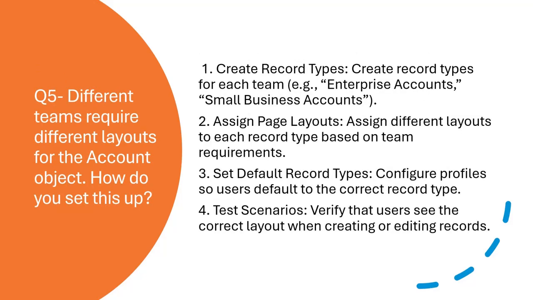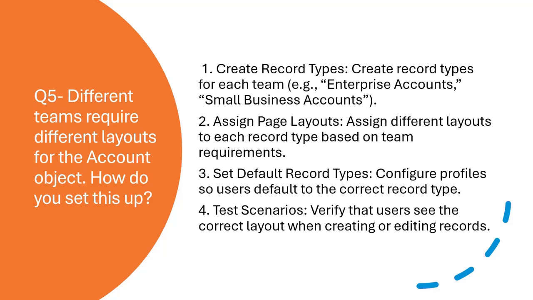Question 5, different teams require different layouts for the account object. How do you set this up? So to meet this requirement, I'll go ahead with record types. I'll create record types for each team, for example enterprise account, small business account, and I'll be creating different page layouts, and I'll assign different layouts to each record type based on the team requirement, and set the default record types.